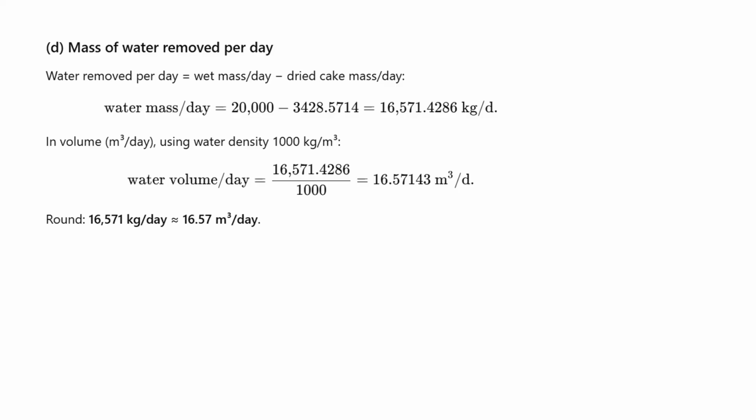So your mass of wet sludge produced in a day is already given. This is the wet sludge produced in a day, which we have calculated earlier. It is nothing but 20,000 kg per day.